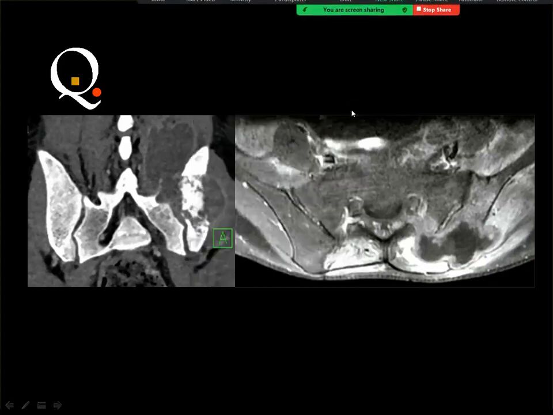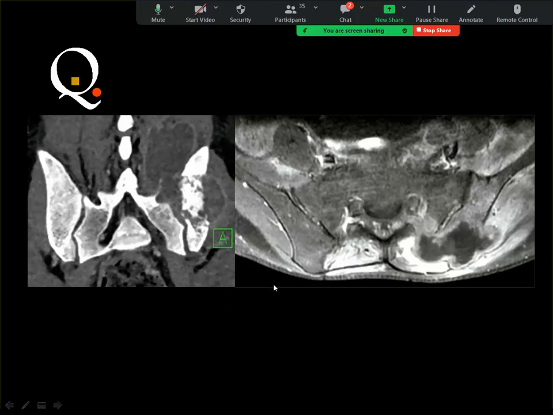This is infection, and you may call it septic arthritis of the sacroiliac joint. There are destructive changes in the articular surfaces of the joint associated with a marginally enhancing collection surrounding the joint, representing an abscess.